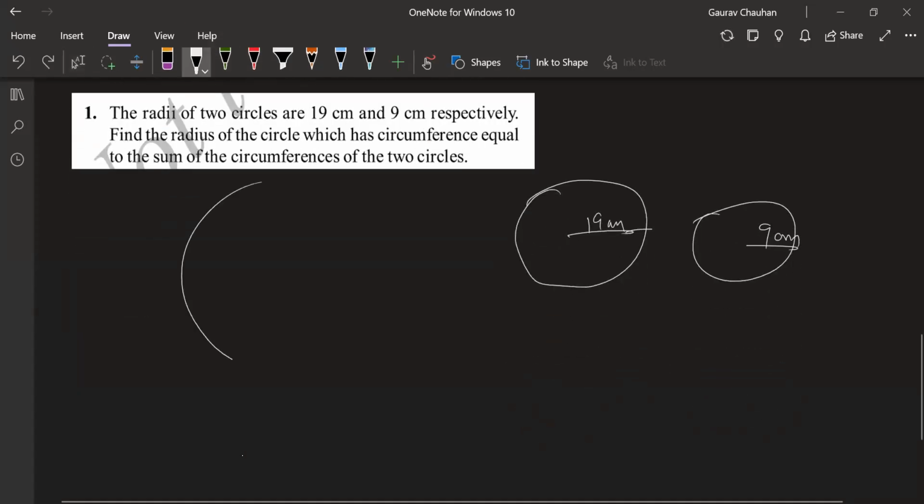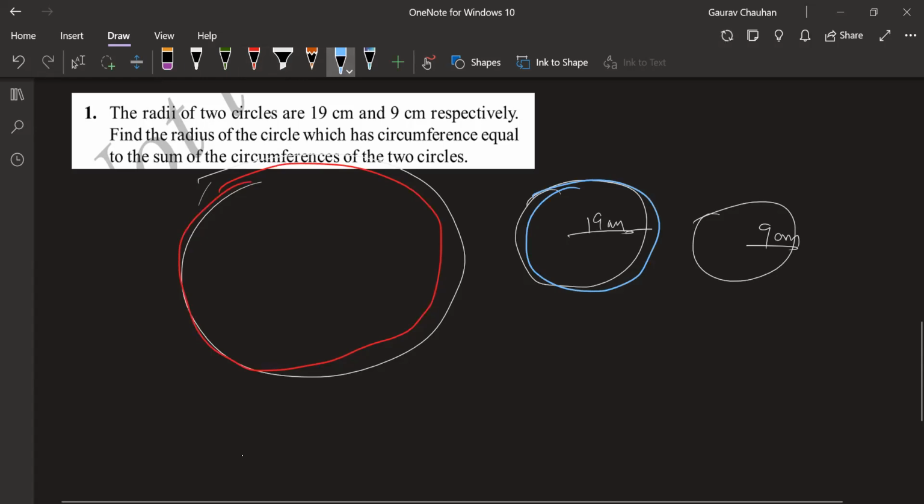There is another third circle whose circumference is equal to the sum of this blue one plus this green one. We have to find that circle's radius.